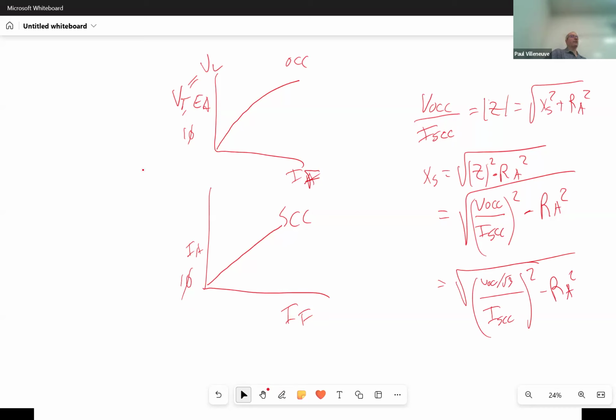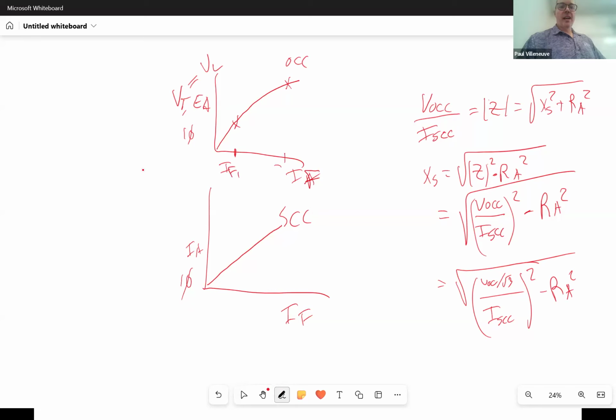Now, the problem is, is my open circuit characteristic a perfectly linear curve? Survey says no. So I have to get two values. Do you remember the data sheet that we looked at in the last class? Remember we had two values of X? We had an unsat and a sat. We have an unsaturated value and a saturated value. So what you need to do is look at your curve, and we'll call this IF1.